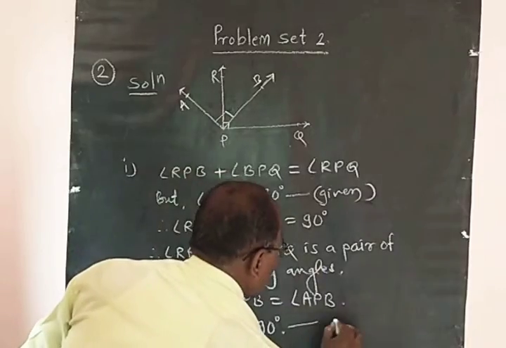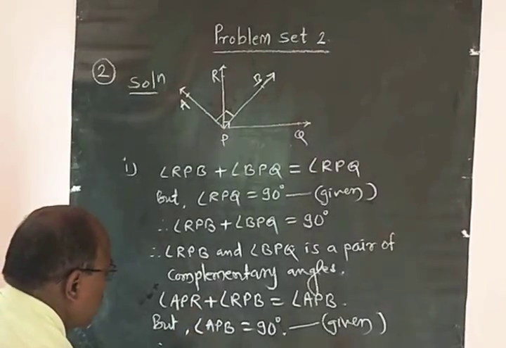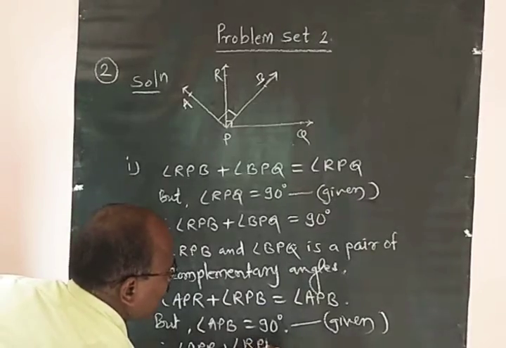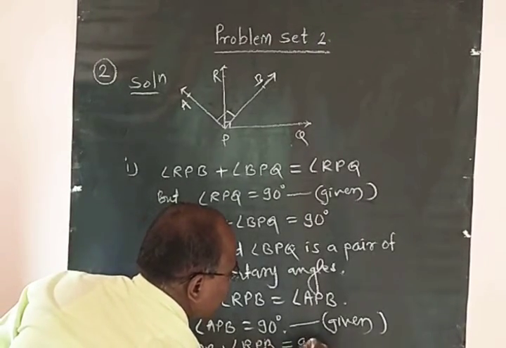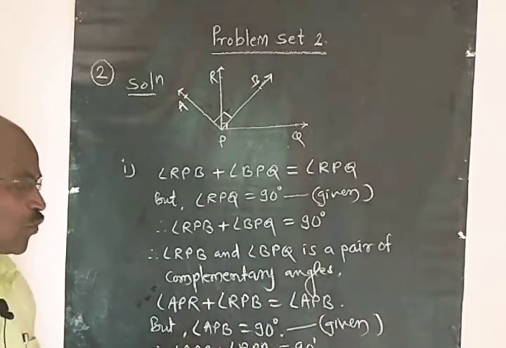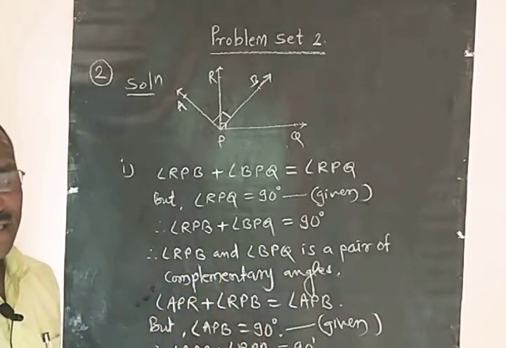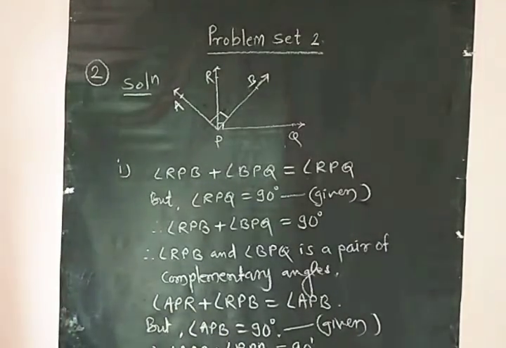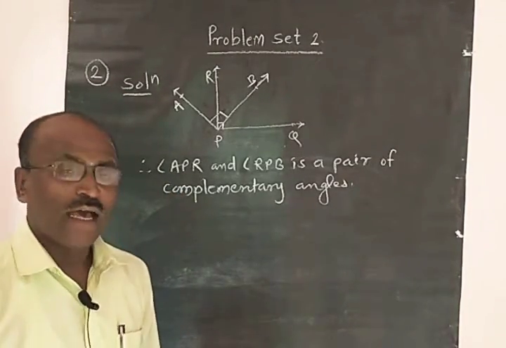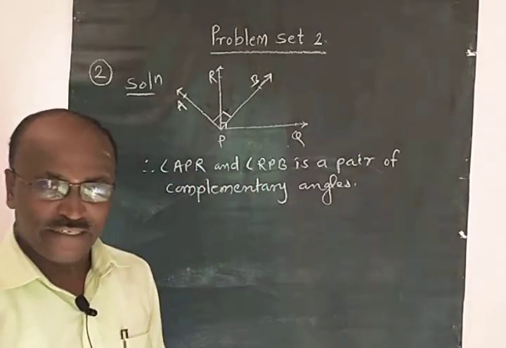It is given. Therefore angle APR plus angle RPB is equal to 90 degrees. So the sum of these two angles is 90 degrees. Therefore angle APR and angle RPB are also a pair of complementary angles because the sum is 90 degrees.